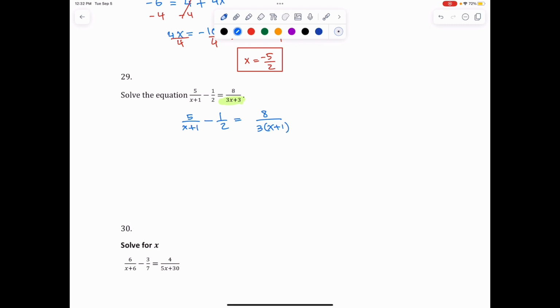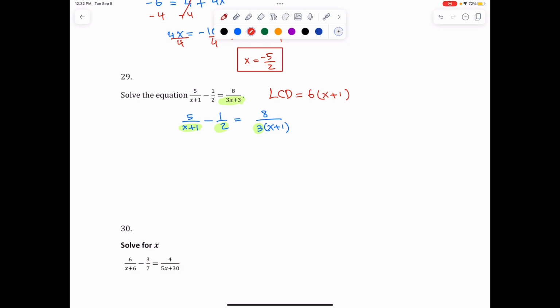The reason why we need to factor is it will make finding the least common denominator easier. As you can see here, I can pick this as one of the factors, the 2 and the 3. So the least common denominator is going to be 6 times x plus 1.